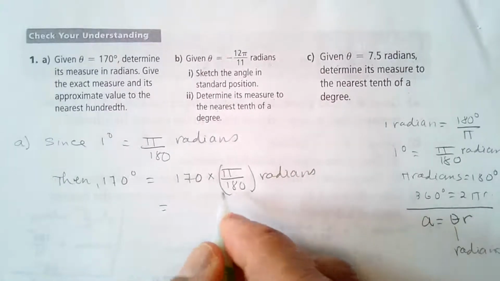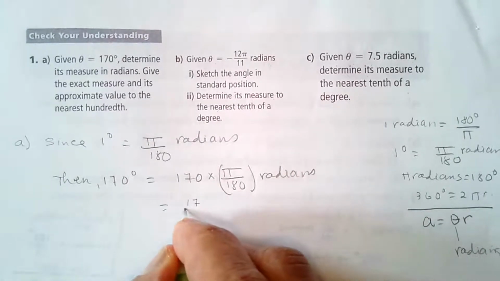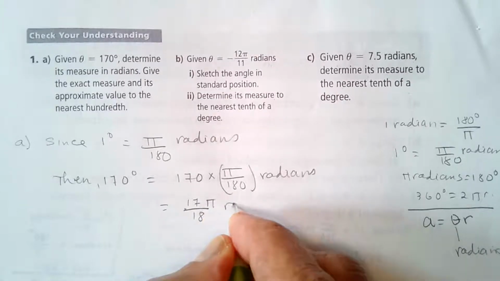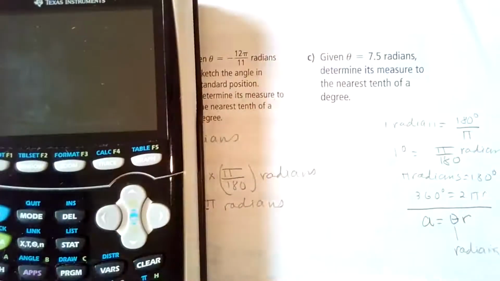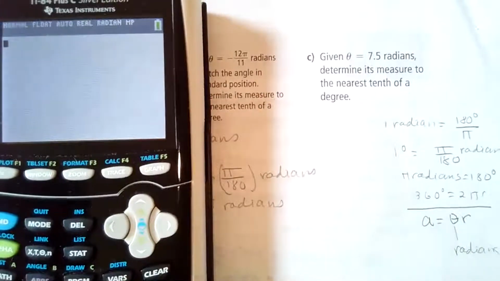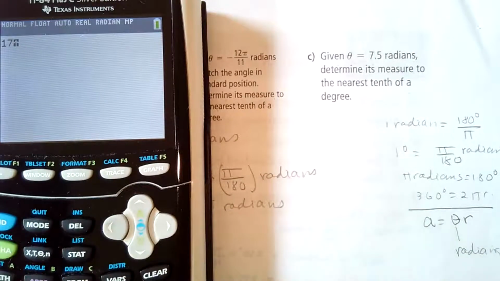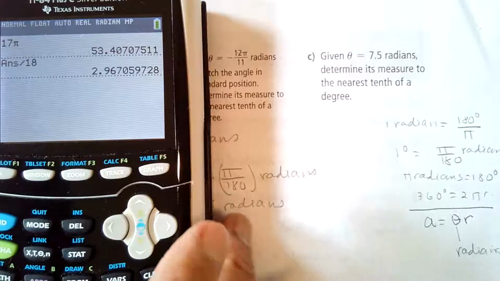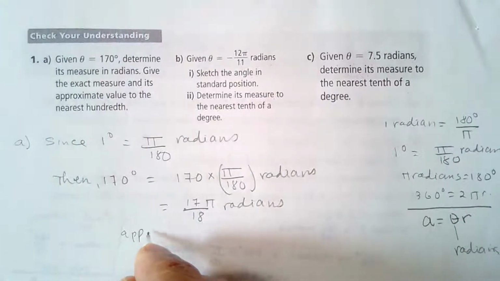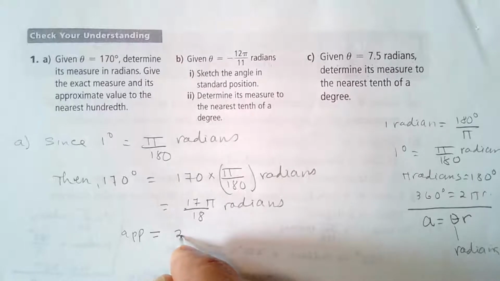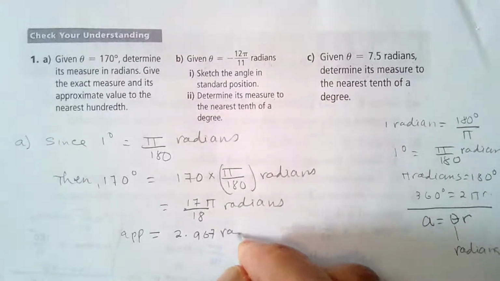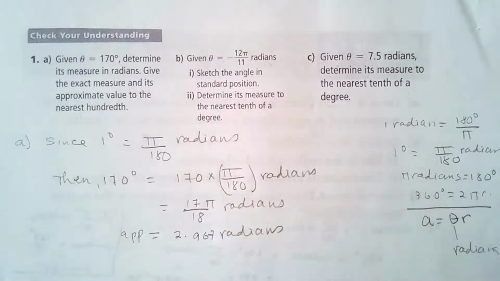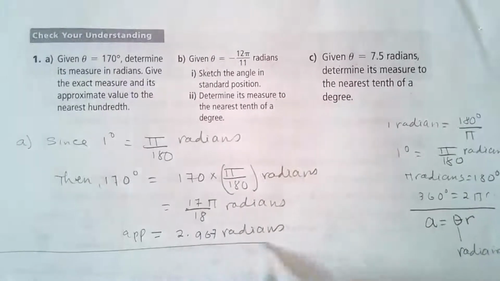That comes out to be 17 over 18 pi radians, which is equivalent to, let's see, 17 pi divided by 18, 2.97, which is approximately equal to 2.967 radians. That's the first part.